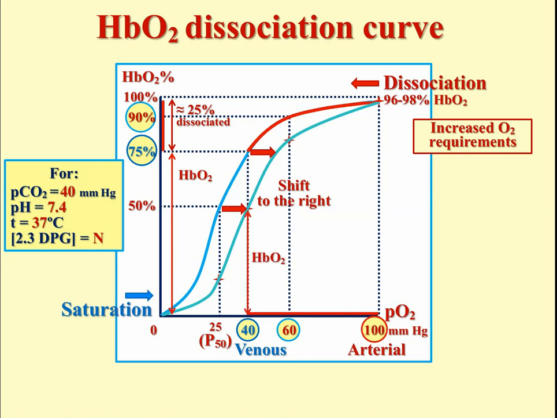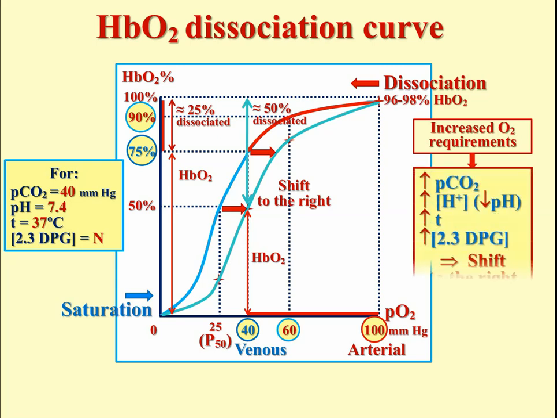But in any case, oxyhemoglobin content decreases and the dissociated portion increases. For this particular picture, it makes about 50% dissociation as compared to initially 25% dissociation. You see, much greater oxygen delivery to the tissues occurs when oxygen requirement increases because of activity. And physical activity produces these changes.